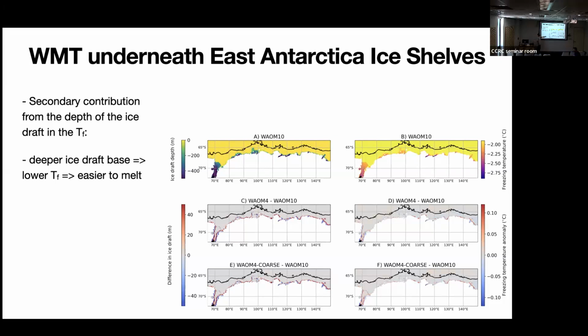Here you show that the ice draft in general is deeper at 10 kilometers than at 4 kilometers. And because of the pressure effects on the freezing temperature, it's a bit easier to melt water at 10 kilometers, where we have this deeper ice shelf draft. So that also contributes to higher basal melt rates at a coarse resolution.